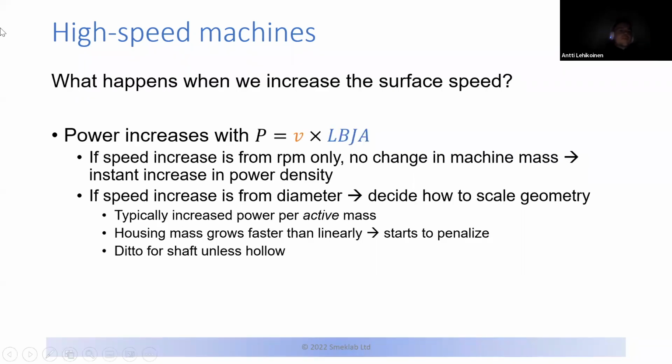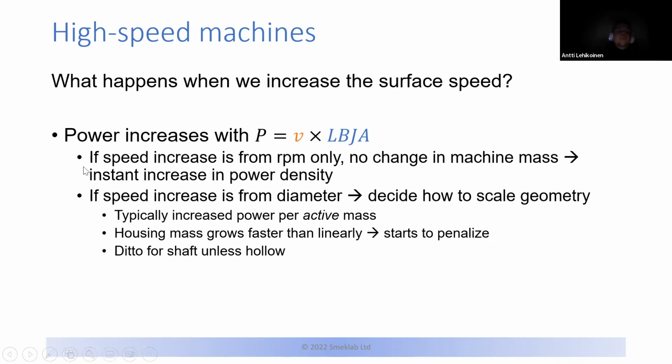So let's now see what happens actually when you increase the surface speed. We already know that the power increases. Then it depends on how you increase the speed, like what kind of secondary effects you will get.